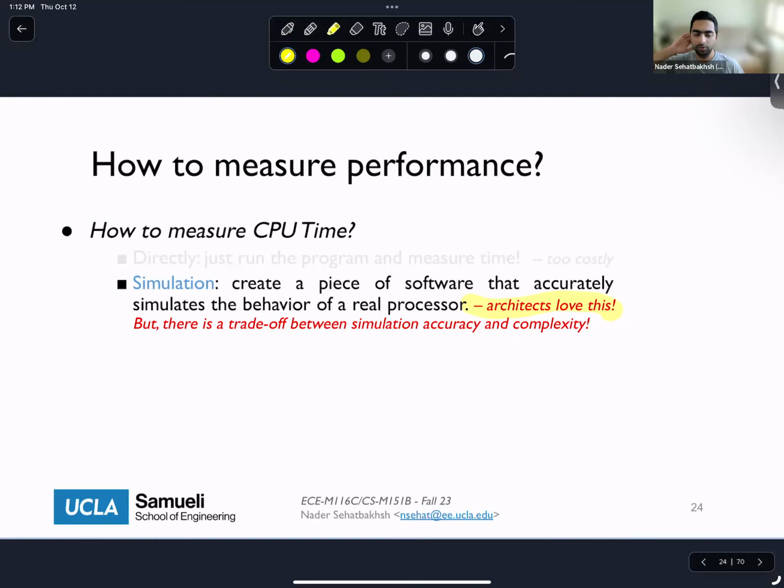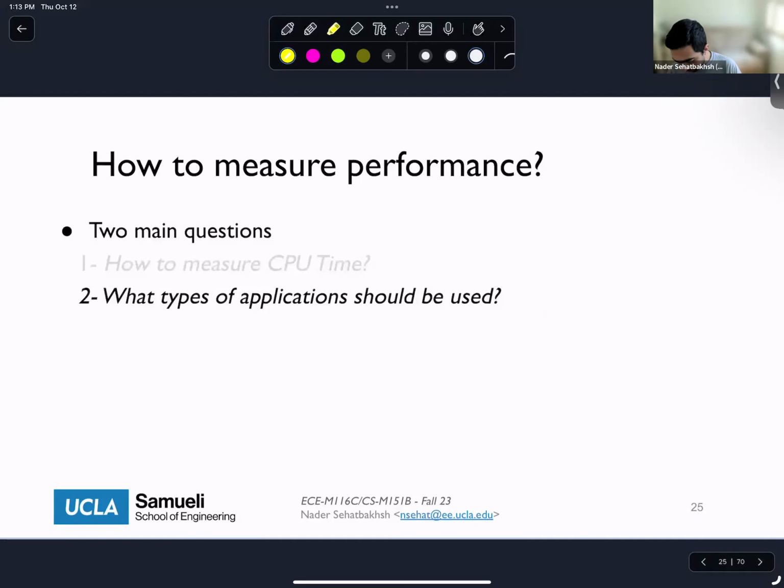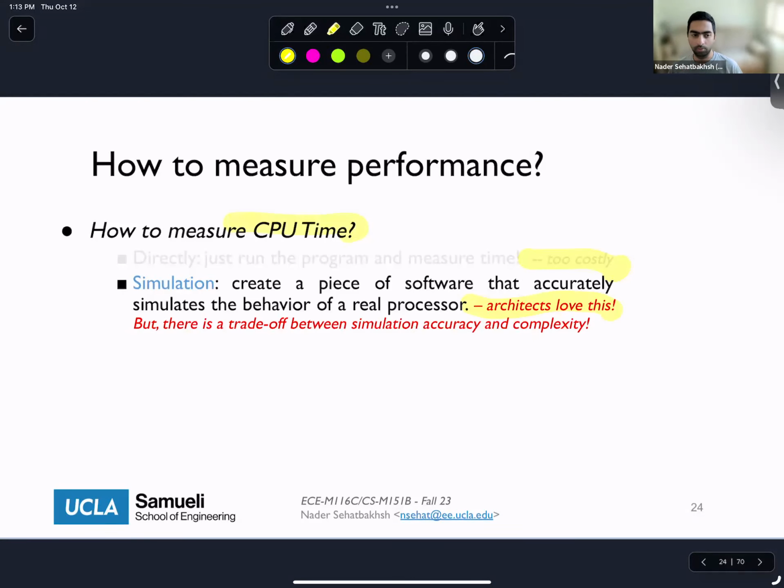Hardware simulators are something that people love to use, because building the actual hardware is very, very costly, and you don't want to do that. But writing a piece of software that mimics the behavior of the hardware is actually pretty simple. So that's what people do in order to measure the impact of the change that you make in the hardware. In fact, that's what we're going to do in your project as well.